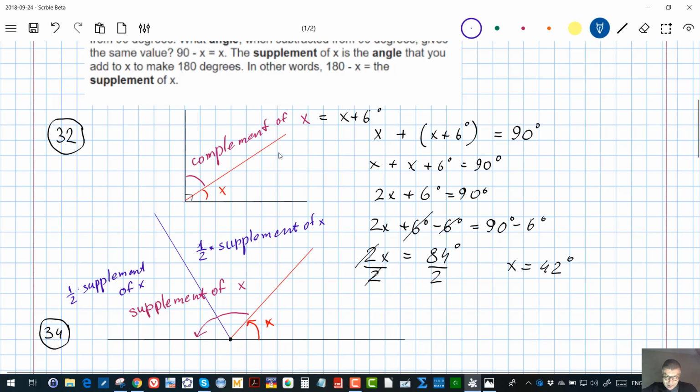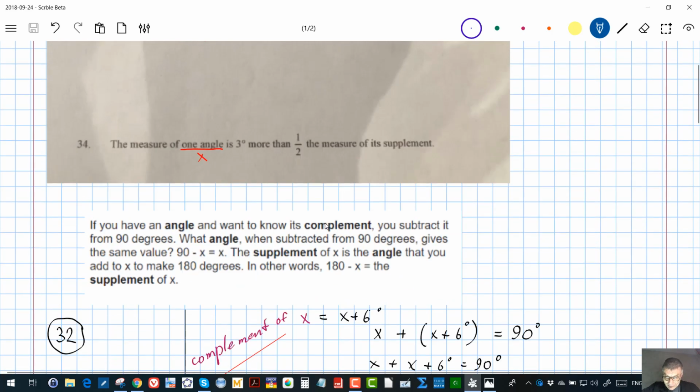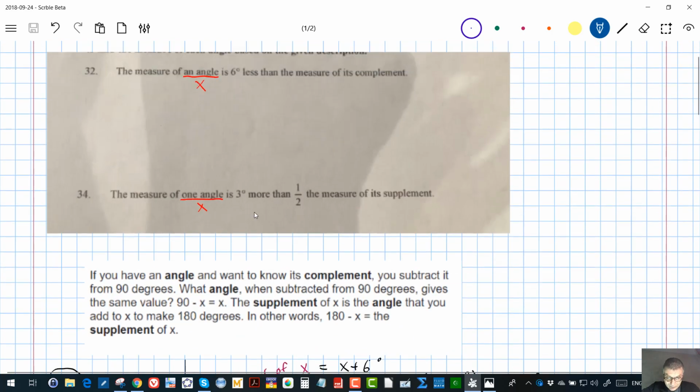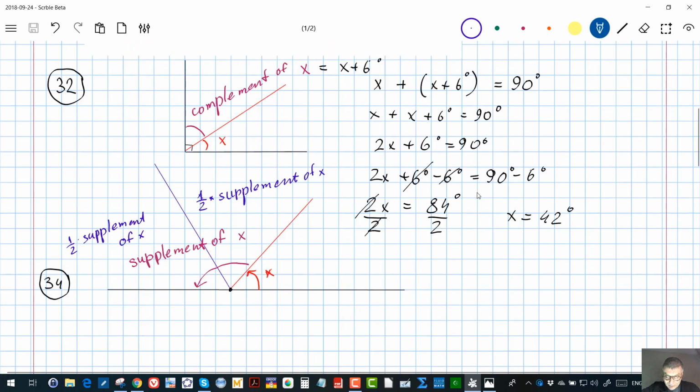So we can now compare. We can take either half of the supplement of x because they're equal. It's just two equal parts of this whole supplement of x angle. So we can compare to either part, of course. So we know that x is 3 degrees more than 1/2 of the supplement.